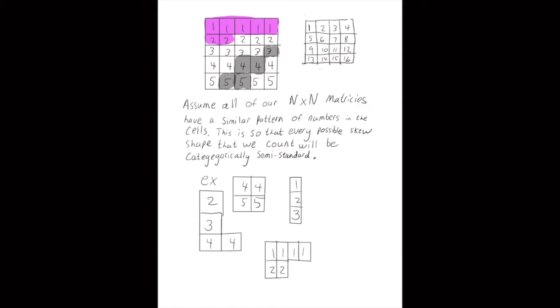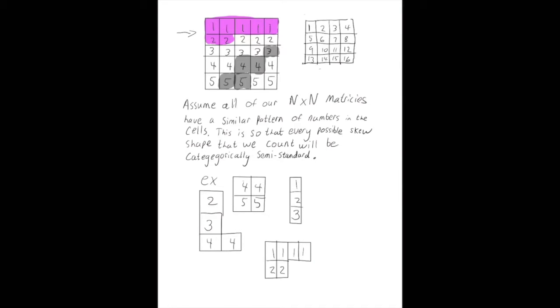To show some more examples, each skew shape we take needs to fulfill the semi-standard definition of left justified. Here we have a pink skew shape. This is left justified.